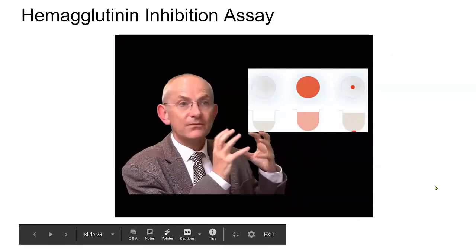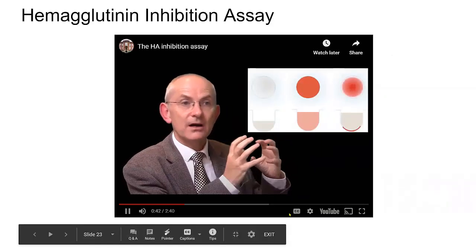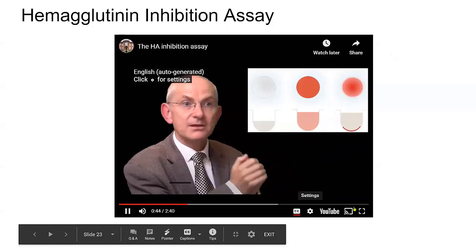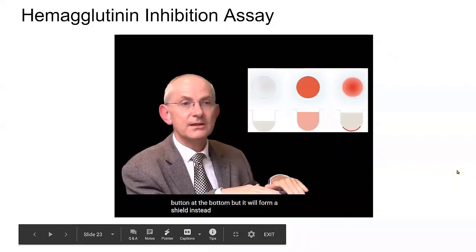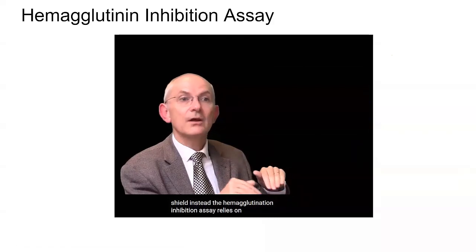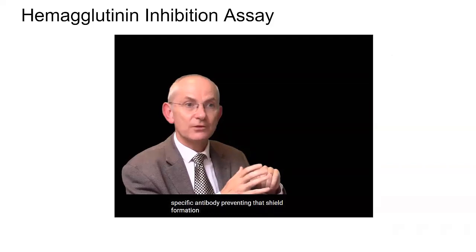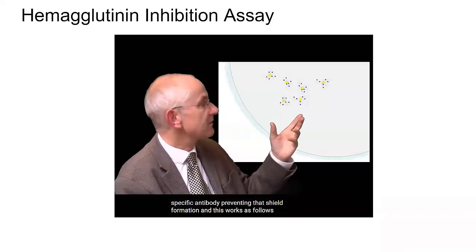But if you mix them first with the right sort of virus, the virus will clump the cells and prevent them from forming a button at the bottom, but they will form a shield instead. The hemagglutination inhibition assay relies on specific antibody preventing that shield formation. And this works as follows.